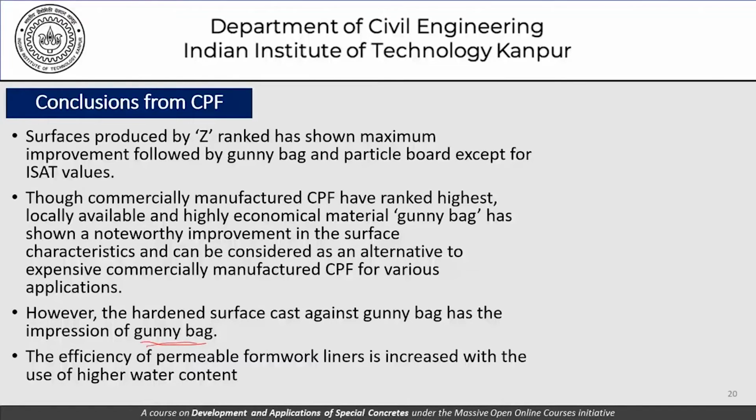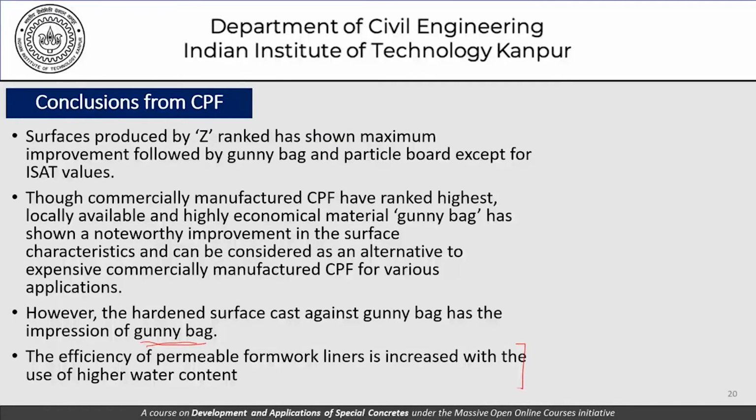Now this is something which you can go back to the slide and see for yourself, that the surface of concrete cast using a gunny bag has the texture of a gunny bag, and one may or may not necessarily approve of it all the time. The efficiency of permeable formwork liners is increased with the use of higher water content.